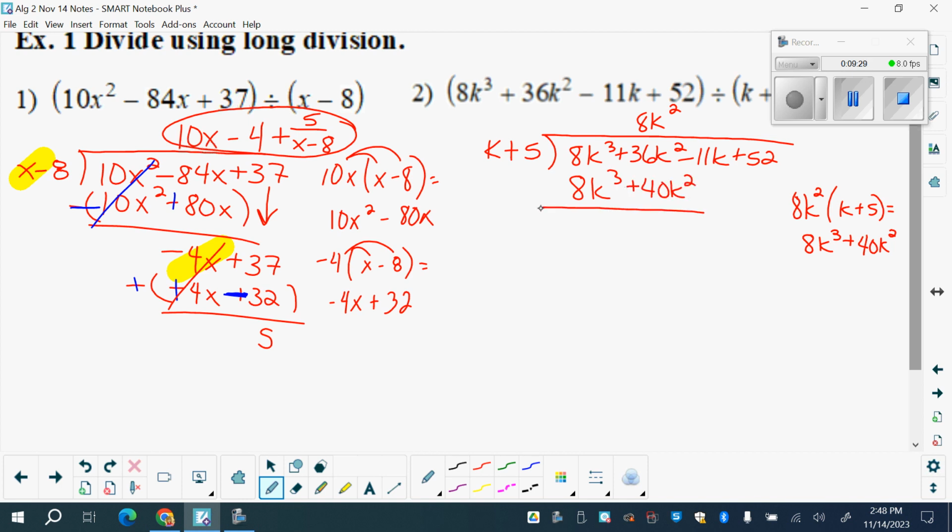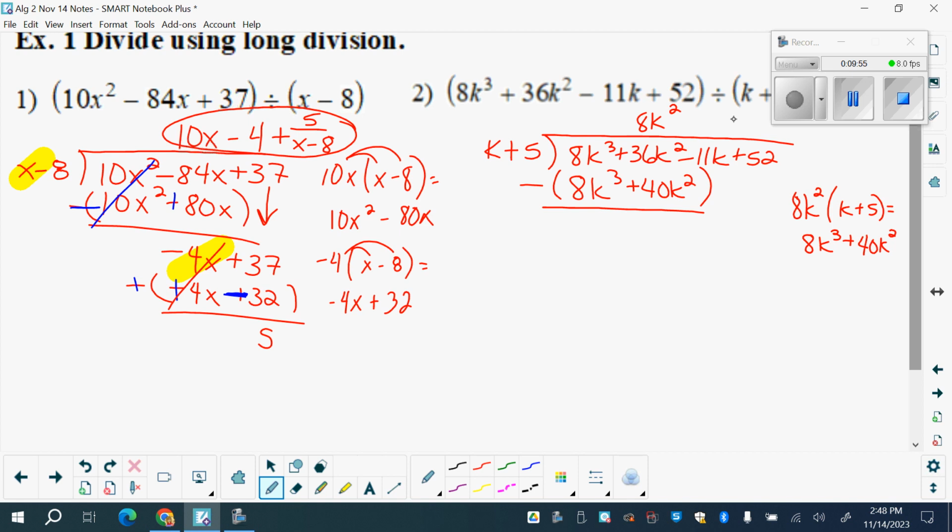And I do what next? Add, subtract. Subtract, just like regular division, I'm going to subtract. So again, this is where most of the mistakes are made. So I like to, when I'm showing it, distribute it.